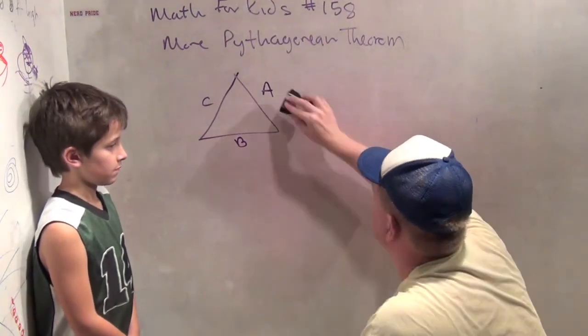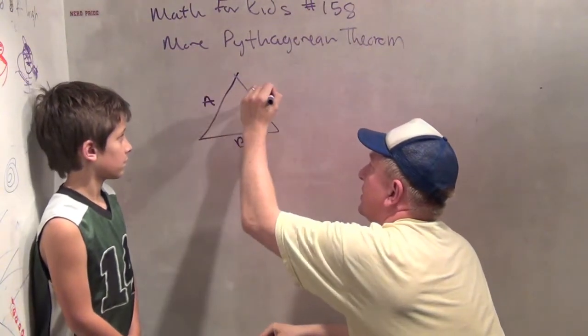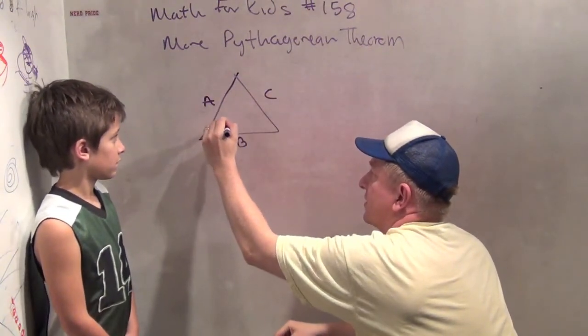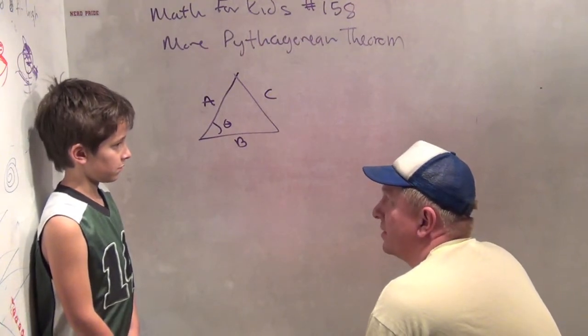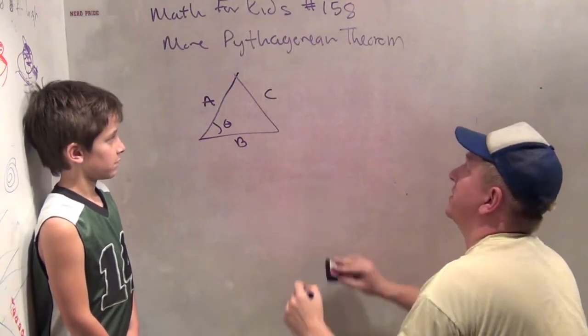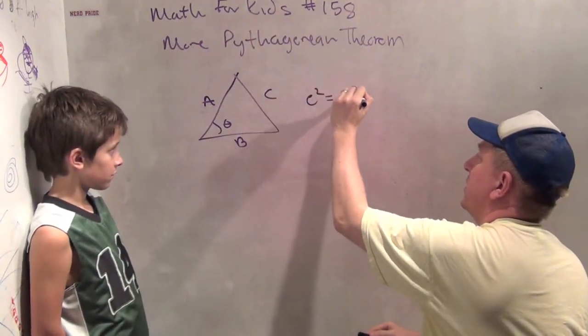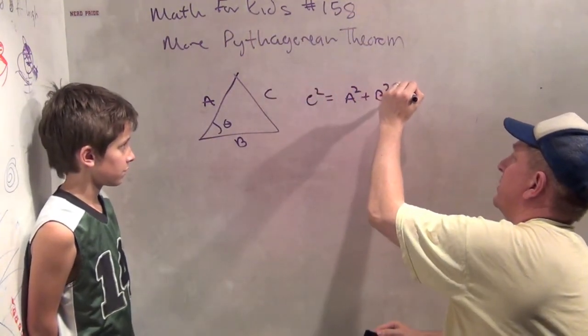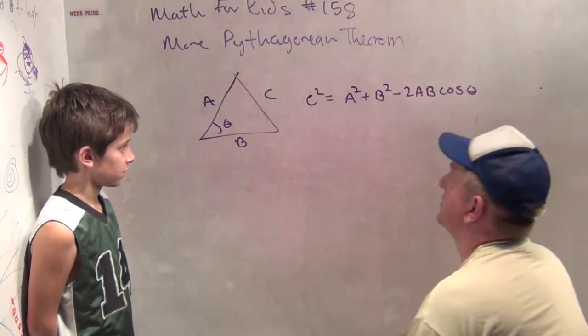And I should actually do it the same as the Pythagorean theorem. I'll use A, B, and C. And if this angle here is theta, remember I told you math uses theta for angles a lot? Okay, the formula is C squared equals A squared plus B squared minus 2AB cosine theta.